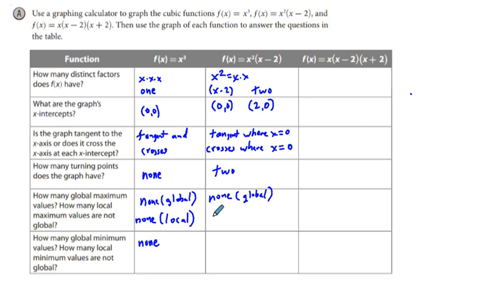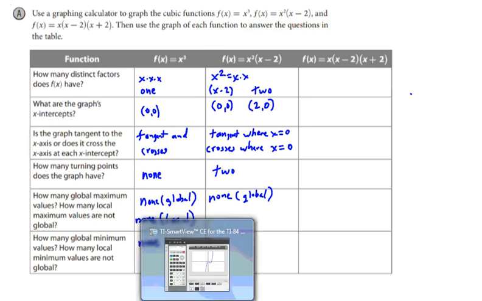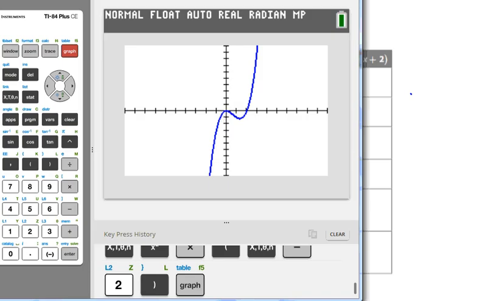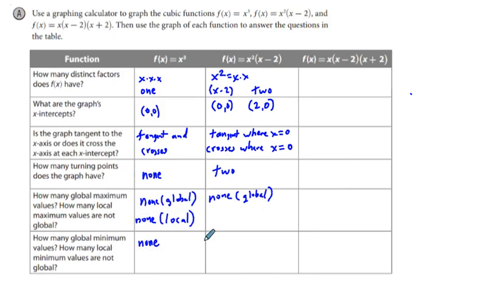Any place you have a peak or a valley, that means we have a local maximum value. We just have one local maximum value, right? Because the maximum is going to be a peak. So where x equals 0, we have a maximum value. So we have 0 global, 1 local max.